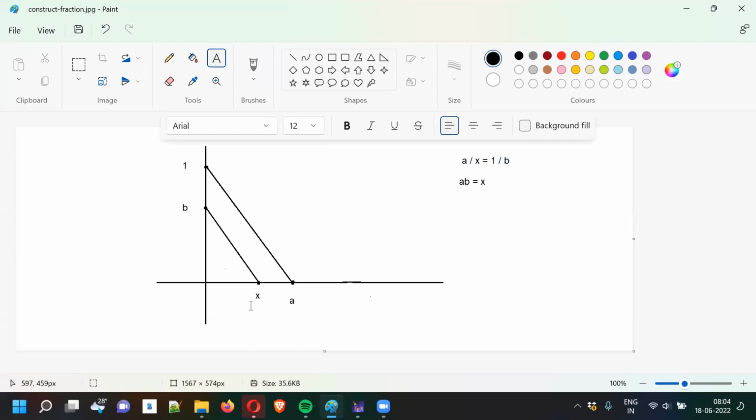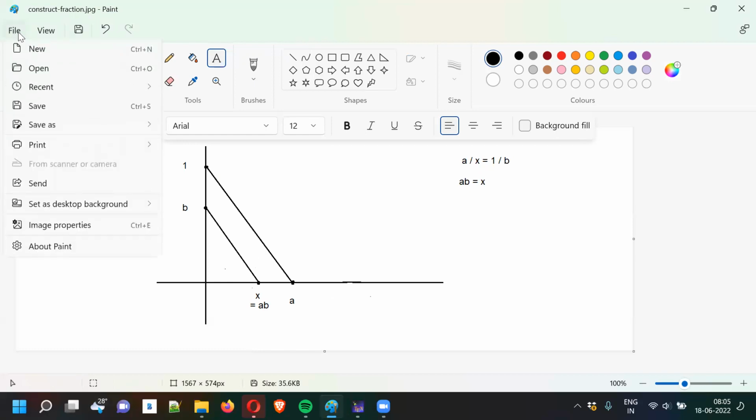Okay, so this is equal to the point AB. Okay, don't get confused. Why is AB less than A? Because B is less than 1. Okay, if B is greater than 1, then you will get AB on the right hand side of A. All right, that's it. So products and fractions are both constructible when the two numbers are constructible.